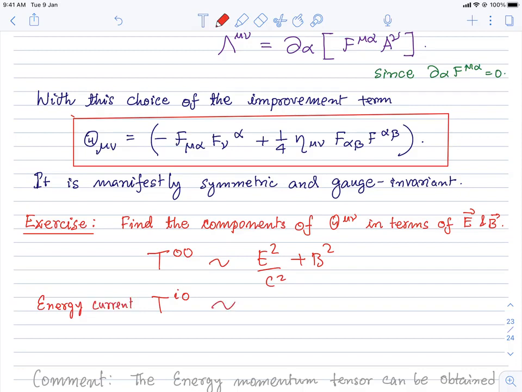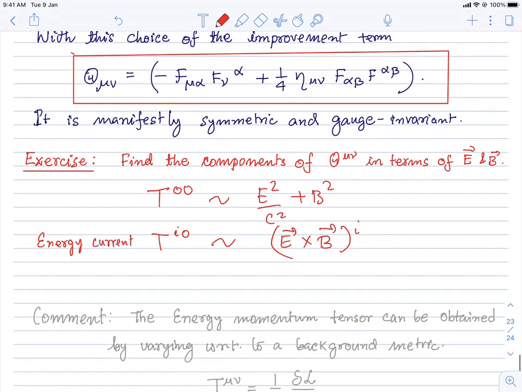This, as you know, is the Poynting vector given by E cross B, the ith component of that.